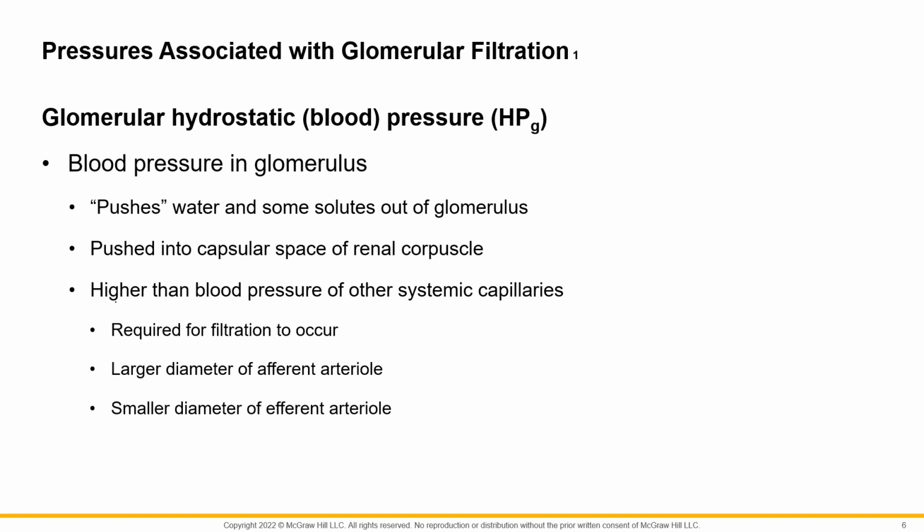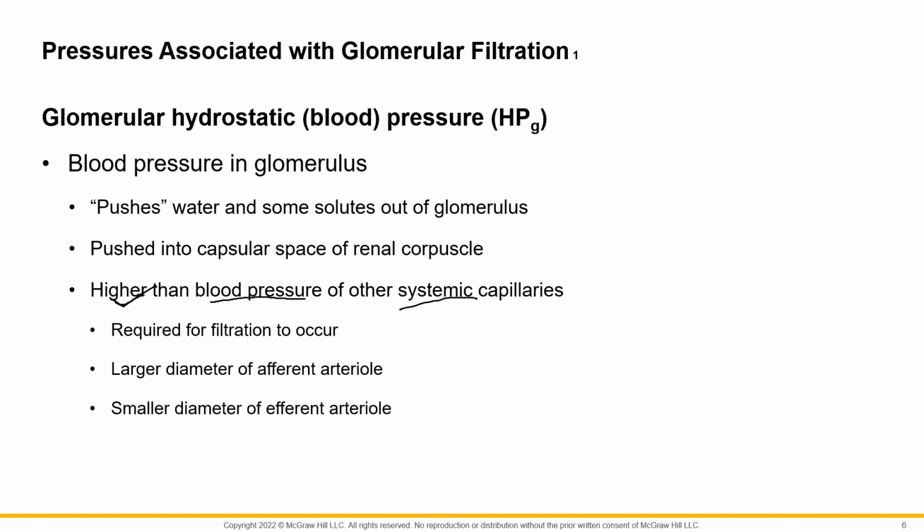Now this is higher than blood pressure systemically. When I say systemic blood pressure, we're talking about all the other arteries in your body. We require a higher pressure here because you want to squeeze stuff out.